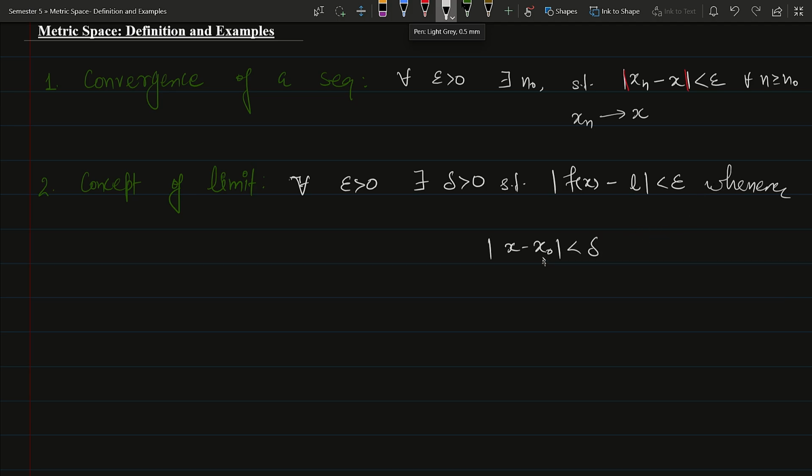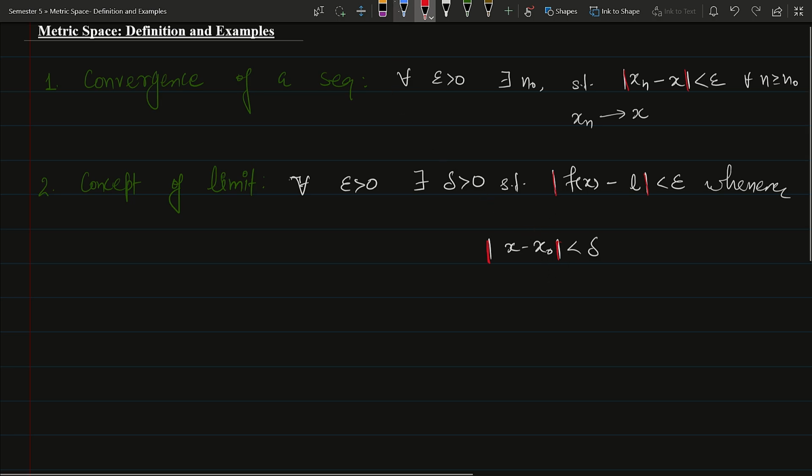Okay, now here we have again this similar kind of function. Again we have this function, and we know this defines the distance between the pair of points. Like this function defines the distance between x and x naught. This defines the distance between f(x) and this L. Now we call this L a limit of this function f(x) as x tends to x naught.